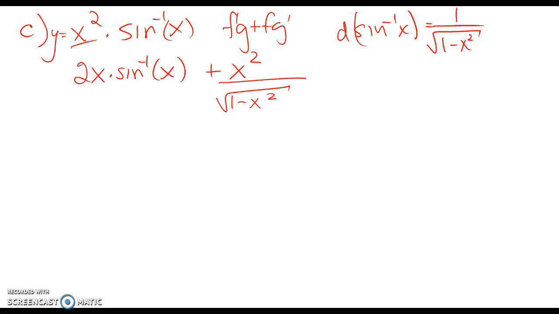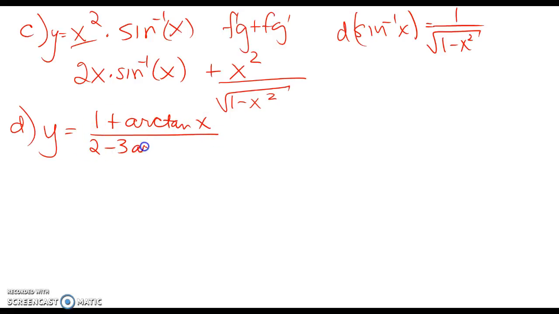Not much. This next one is a little bit more complicated, but it's good practice. So y equals 1 plus the arctan of x over 2 minus 3 arctan of x. Remember, arctan of x is the same as the tan inverse of x, right?